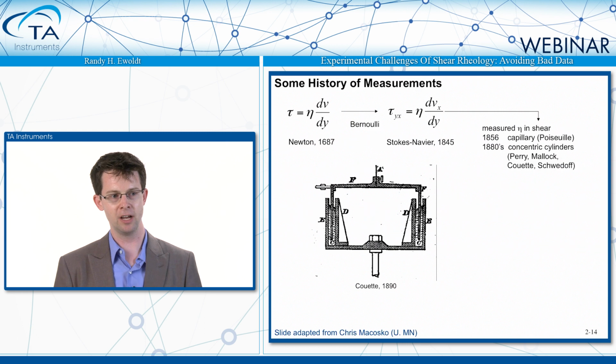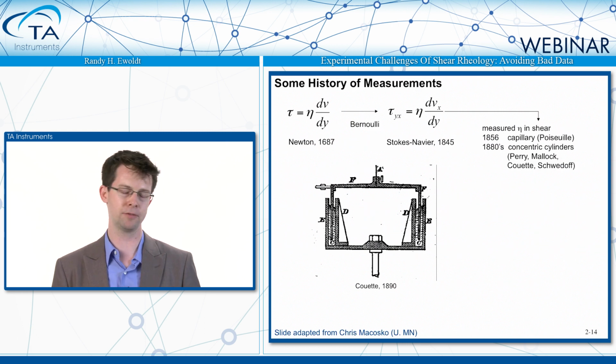So here's an image from 1890 from Couette himself. So if somebody asks, why do we call it Couette flow, here's one excuse why, although of course you can call them concentric cylinders to actually describe what's going on. Though funny that Couette's name also starts with a C, so there's some phonetic reason to connect these two things.